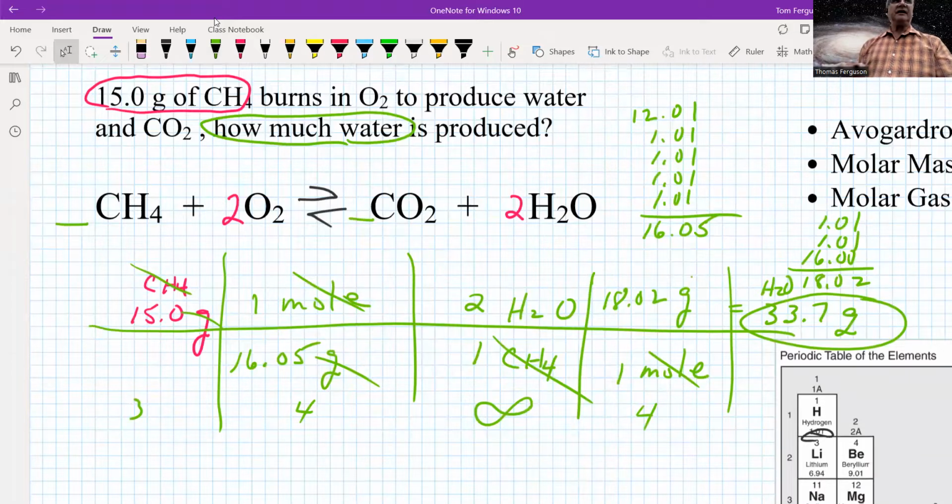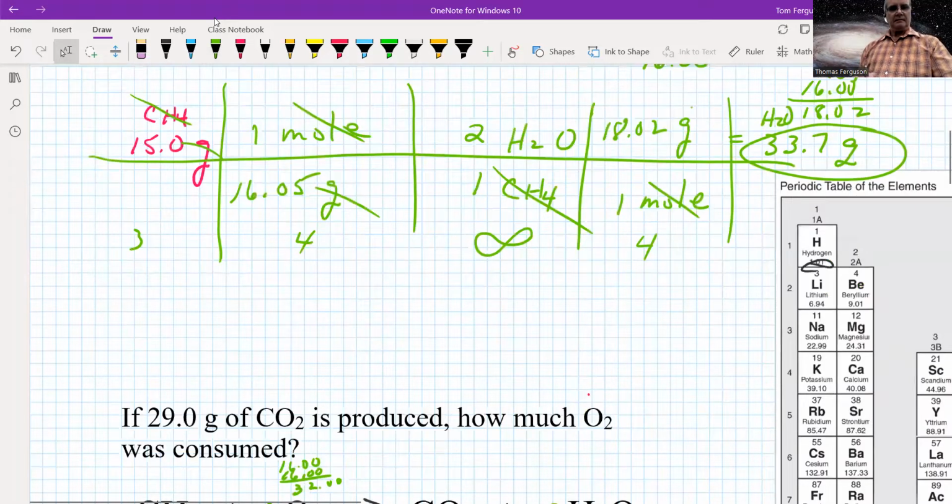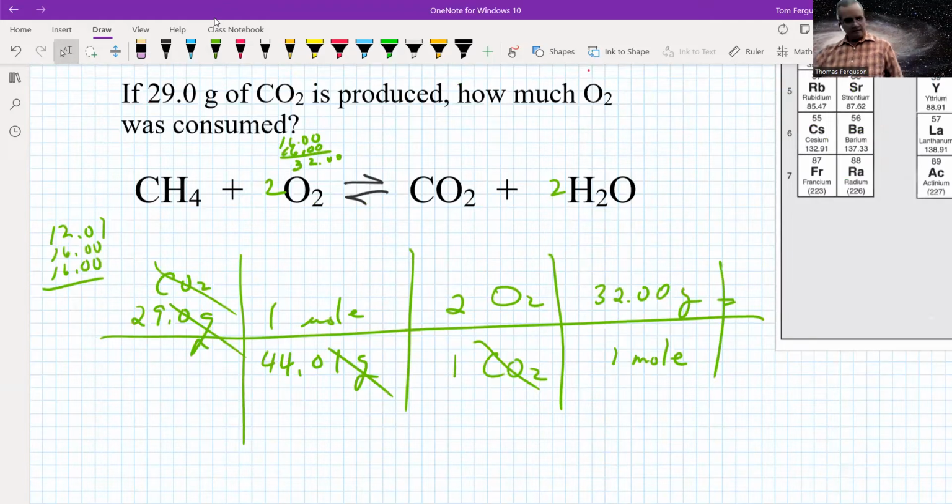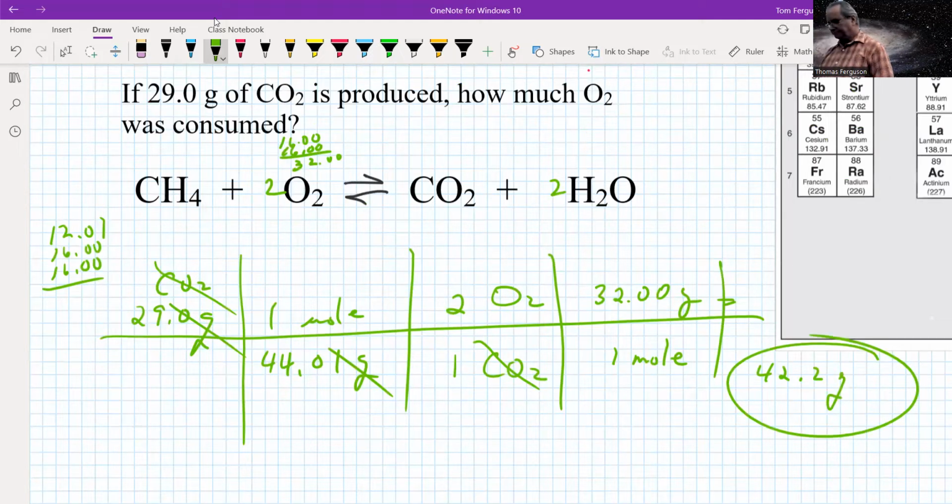The setup is exactly the same. So if we produce 29 grams of carbon dioxide, we're going to consume 42 grams of oxygen to get that. Is this making sense? Reasonable?